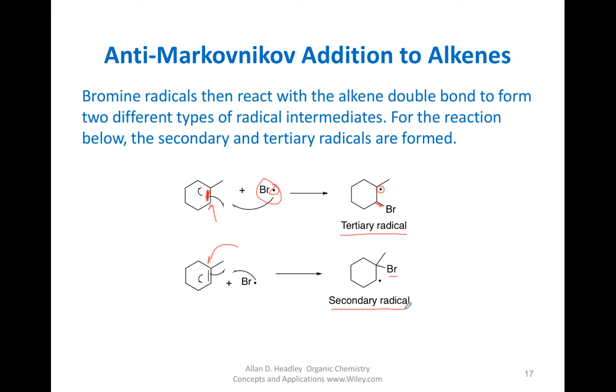So we have two possibilities here of the radical, a bromine radical, reacting with an alkene. Two possible radicals. One is a tertiary in this case, and one is a secondary in this case.